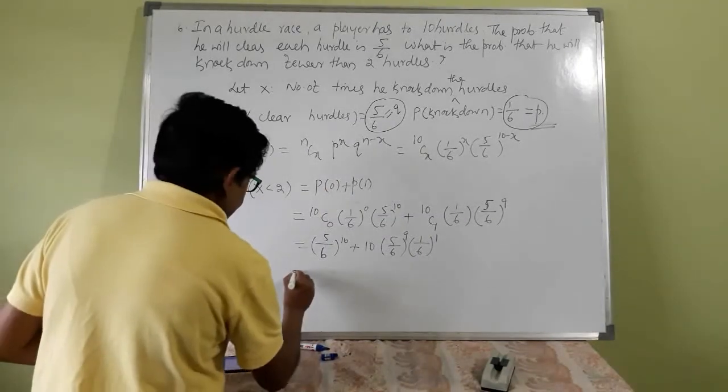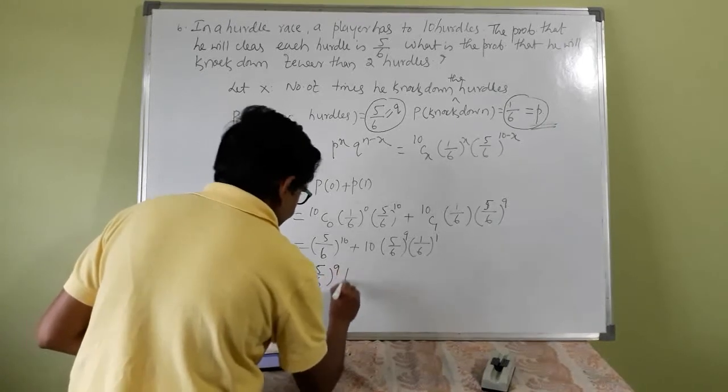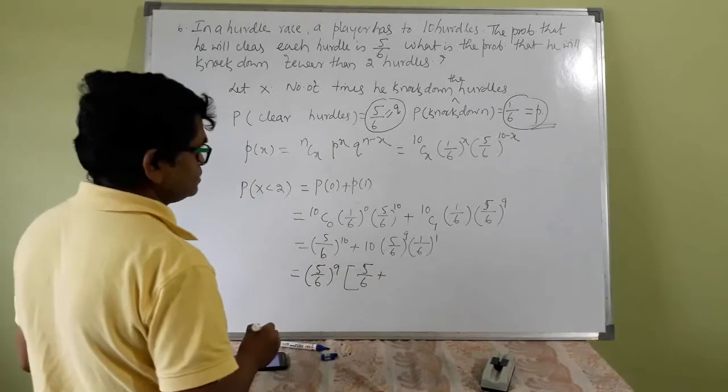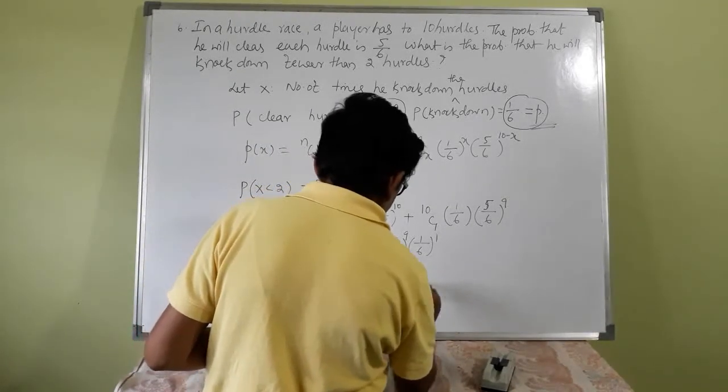Now if you take 5 by 6 raised to 9 common, we get 5 by 6 plus 10 into 1 by 6.